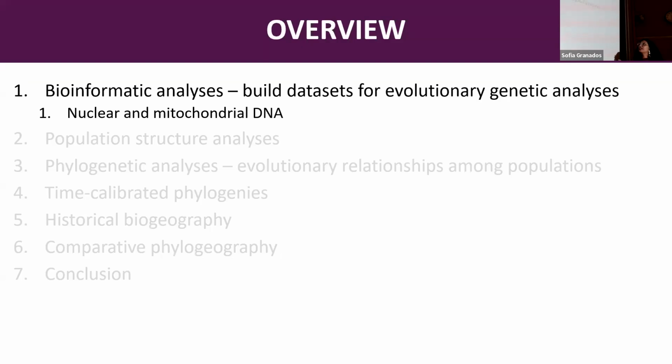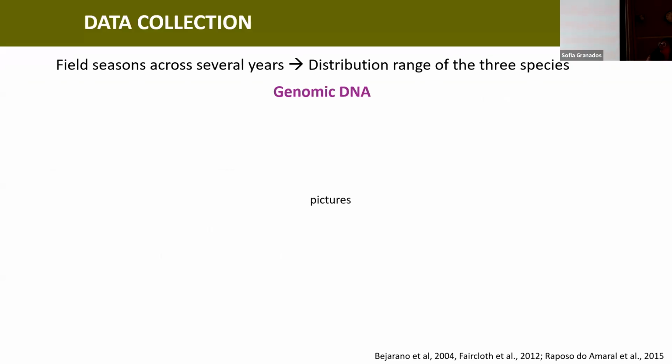So for my bioinformatic analysis, I use nuclear and mitochondrial DNA. For the data collection, I have a data set that is built from many field seasons across several years.